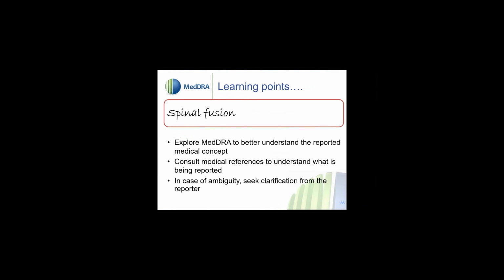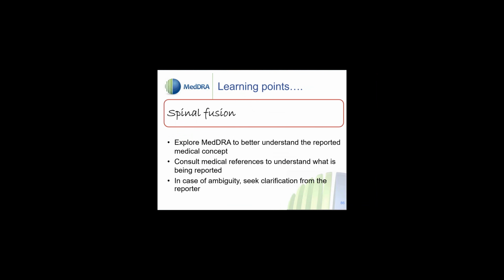Here are our learning points for this verbatim. First, we will have to explore MedDRA to better understand the reported medical concept. We saw that there are terms for congenital spinal fusion, for acquired spinal fusion, and also a PT for spinal fusion surgery. We will have to consult medical textbooks and reliable internet references in order to better understand the reported concept.